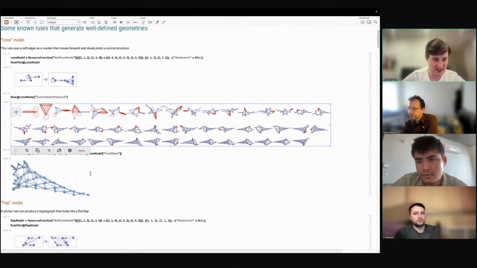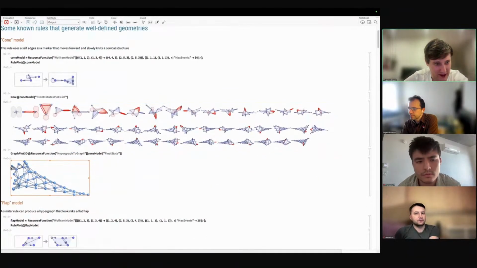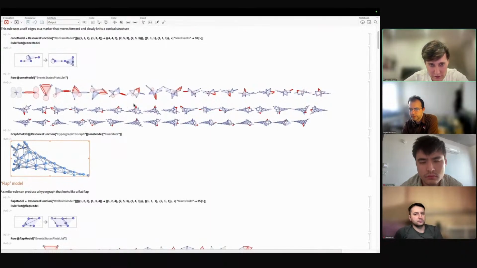okay, you look at this, and except for this last self edge, it's the triangulation of a cone. And it happens because I'm using ternary edges, and all of these are ternary edges, right?